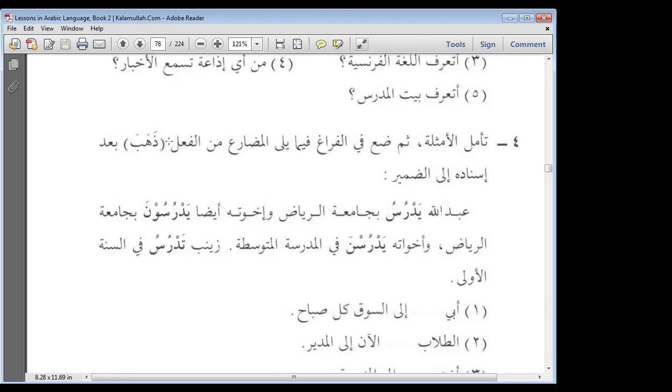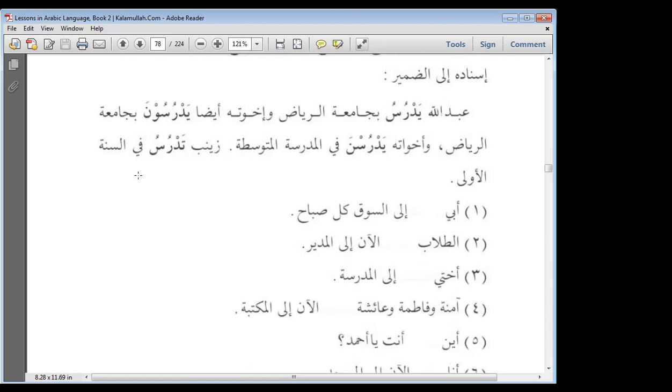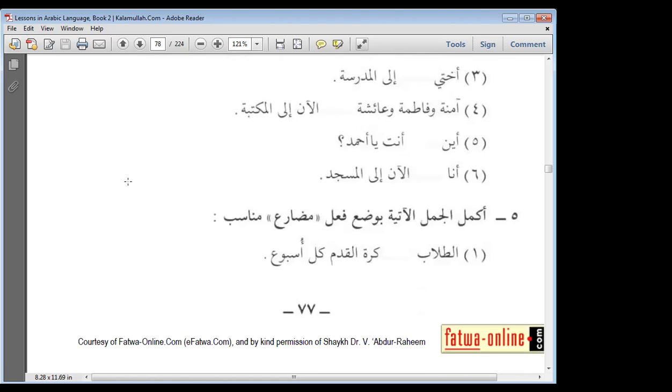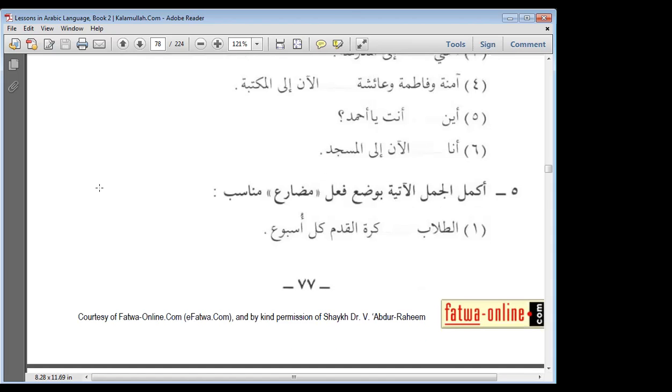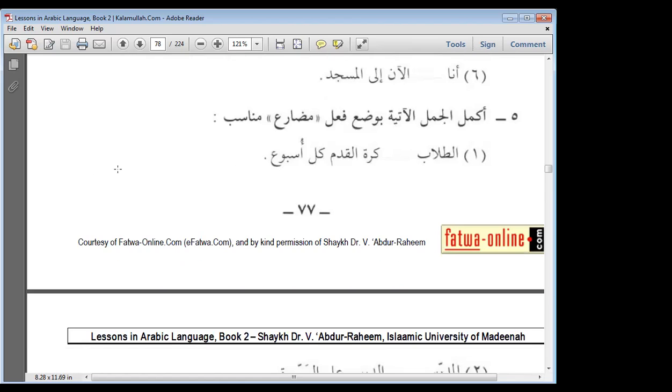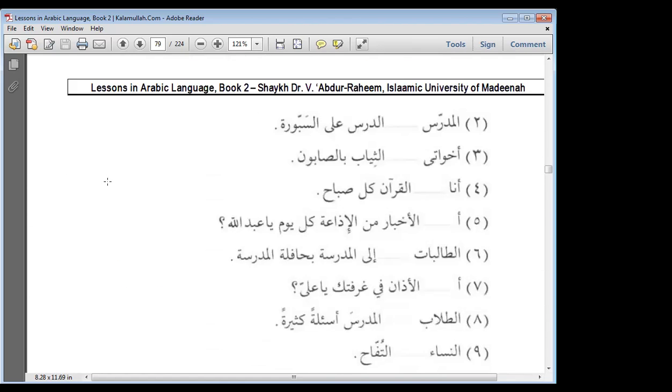Okay, so from the past tense dahaba, we get present tense yadhabu. Dahaba yadhabu. He went, and yadhabu means he goes, present tense. Right? Then we went on and we saw more of that, but using different verbs, right? So we got some more practice with respect to that.